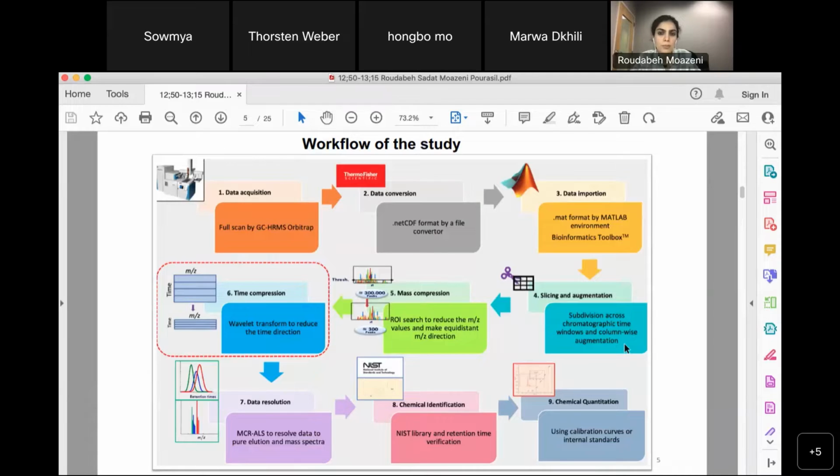After that we imported the data into the MATLAB environment, and did slicing and augmentation. Then we applied the ROI procedure as a method for mass channel reduction and mass compression.